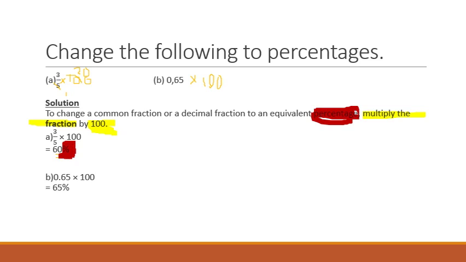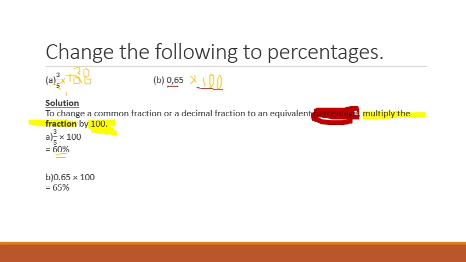We are multiplying now. Let's multiply this decimal by 100. 0.65 times 100. What do we do? Let's ignore this comma and multiply 65 by 100.